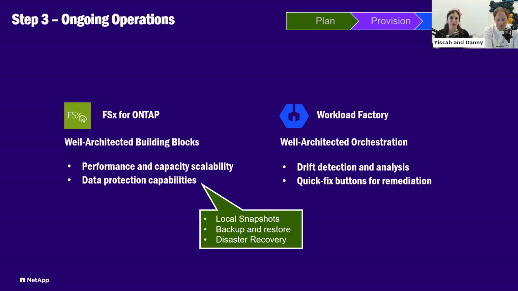And talking more about those data protection capabilities, we're talking about the ability to restore our data as quickly as possible because we know we have backups in place, either by local snapshots or in a remote location.